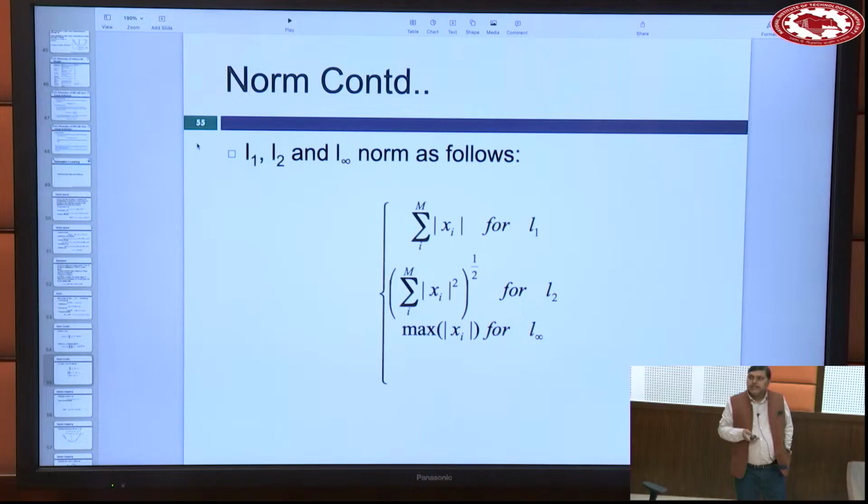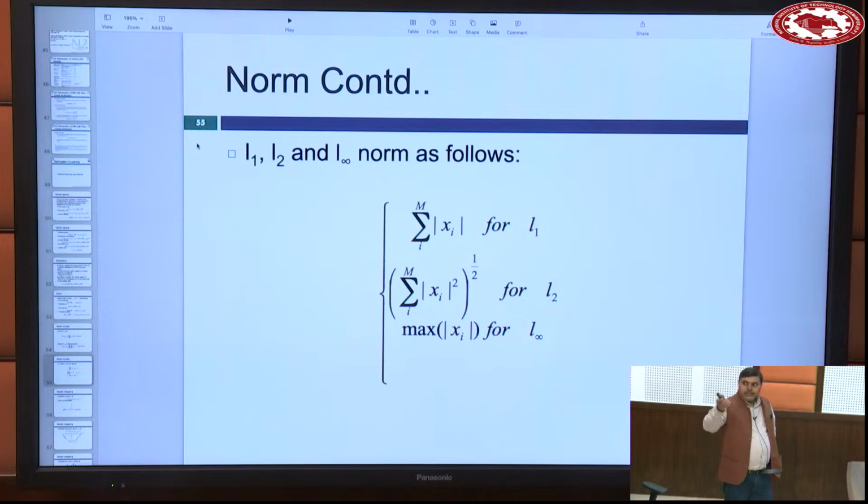So this is the generic L1, L2, L infinity norm. If someone asks what the L norm is when p equals infinity: out of all the vector elements you have, just compute the max. The max of all the absolute values in the vector is called the infinity norm, or L infinity regularization.